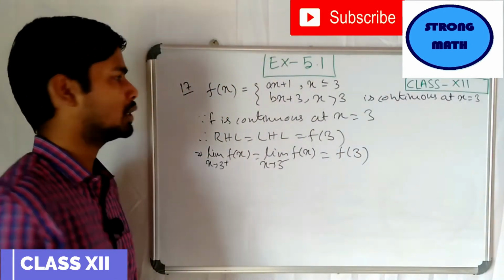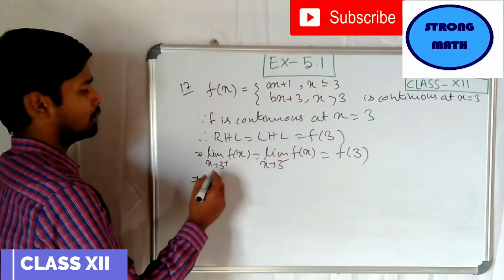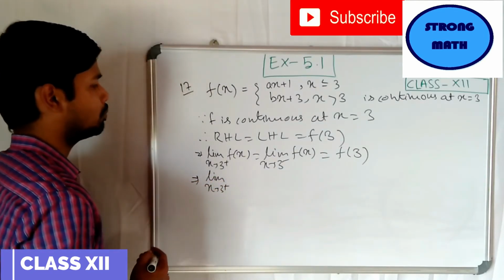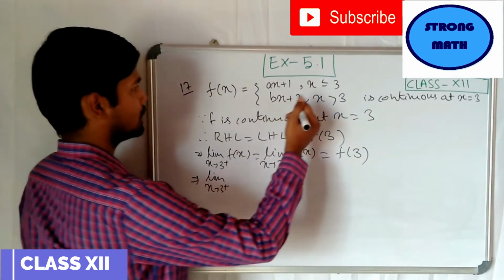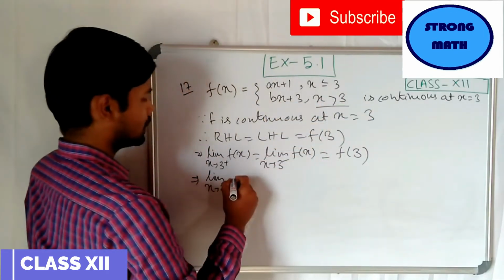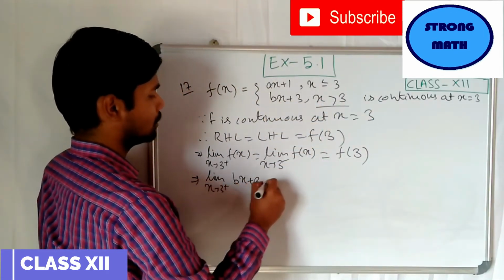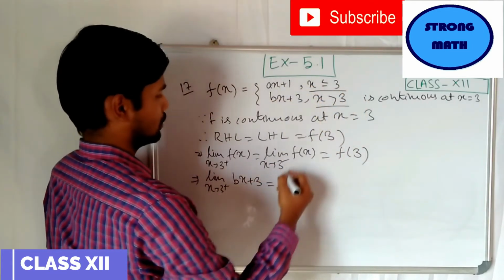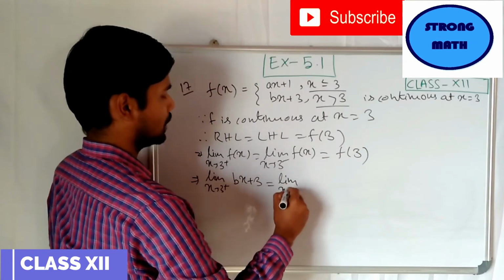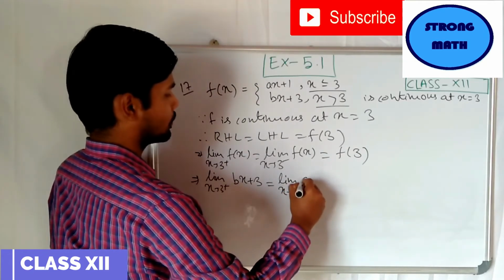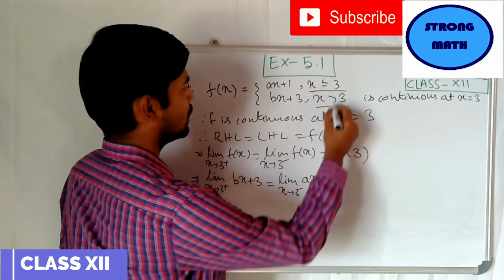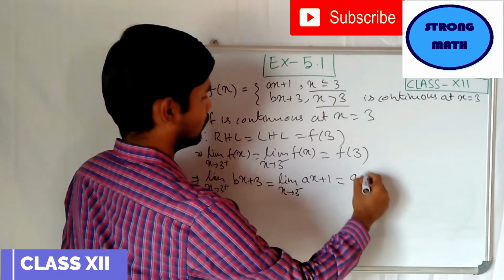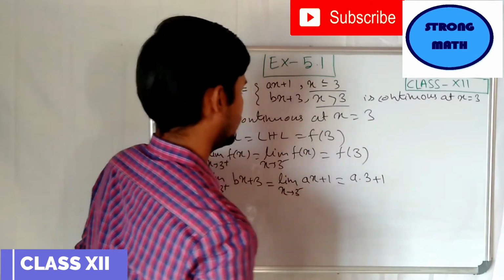Since the function is continuous at that point, for x tends to 3 plus, f(x) gives us bx plus 3, and for x tends to 3 minus, that is less than 3, f(x) gives us ax plus 1, and the functional value at 3 is ax plus 1, that is, the value of x is 3, so 3a plus 1.